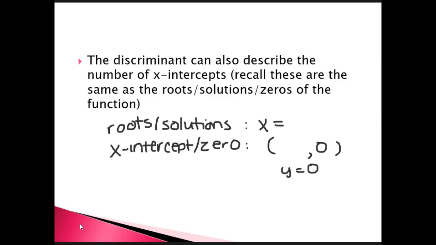So the x-intercepts and zeros are always a point where y is equal to 0. A root or solution is always an x equal. That's the difference between those four terms. Roots or solutions are x equals. X-intercepts and zeros look like a point.